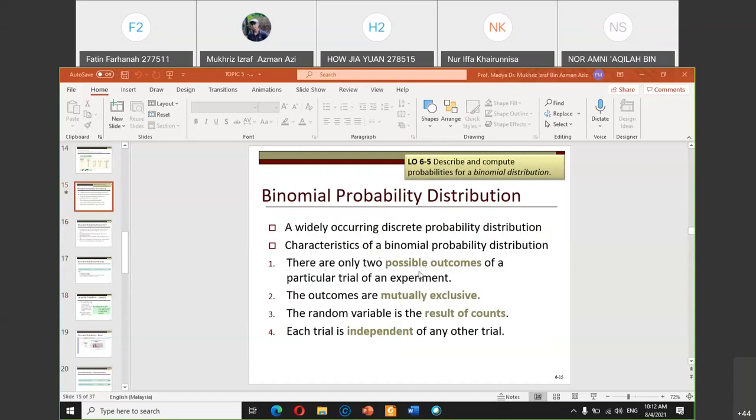The first one is there are only 2 possible outcomes of a trial. It's just like if you ask a question, are you male or female? There are only 2 possible outcomes, and each outcome is mutually exclusive. We already discussed last Monday what is mutually exclusive, whereby the outcome of the first event will not influence the outcome of the second event.